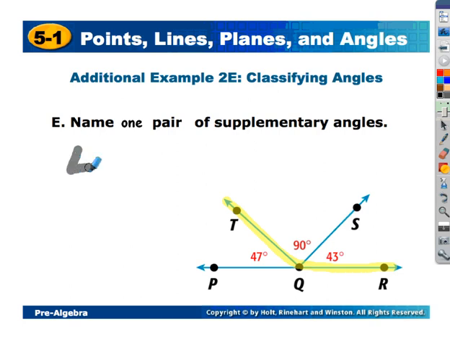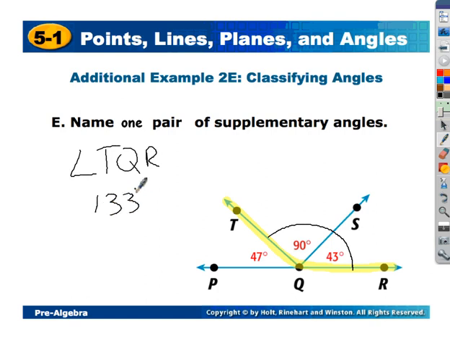So angle TQR, when we look at it, goes from here all the way to there. So angle TQR has the angle measure of 133 degrees. Going with that, to find the supplementary angle that goes with that, we're looking at angle TQP.